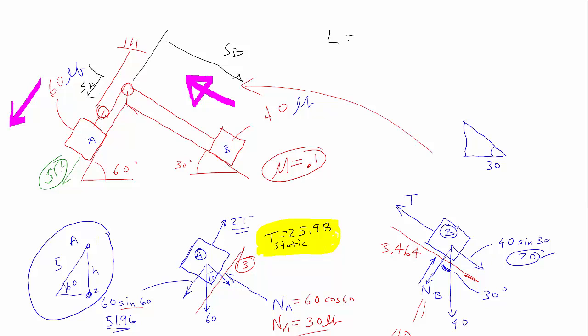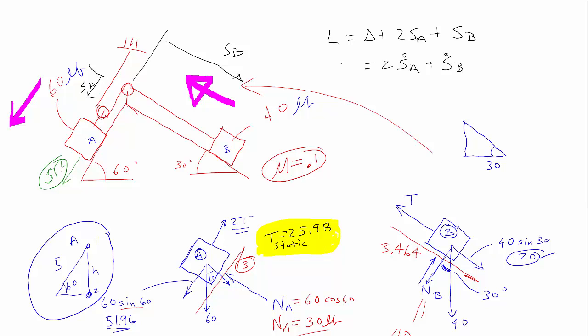The length of our rope is equal to a constant plus 2sA plus sB. Differentiating a couple times, what you get is 2sA dot plus sB dot.